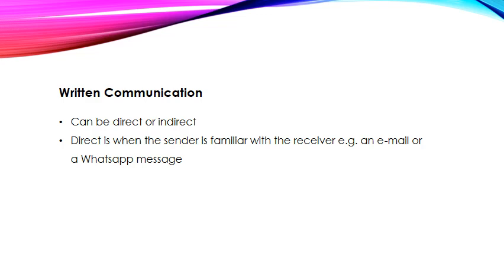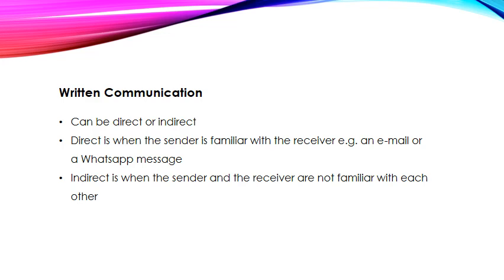So that's direct. On the other hand, you get indirect written communication. It's when the sender and the receiver are not familiar with each other. Remember in the previous lesson, I mentioned Miss Ditway, who wrote the book. So she has written communication down to you, actually quite literally written the subject communication down for you. You are not familiar with her.